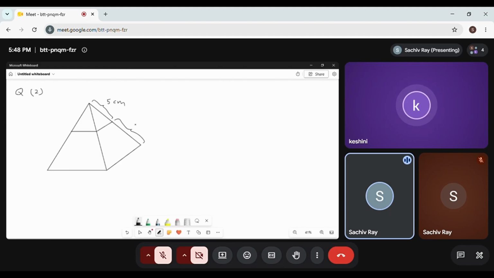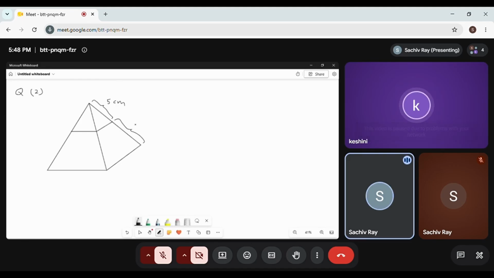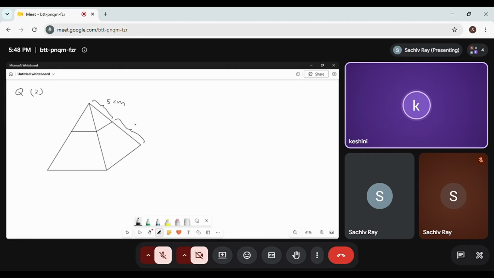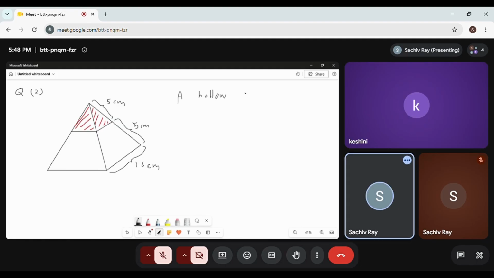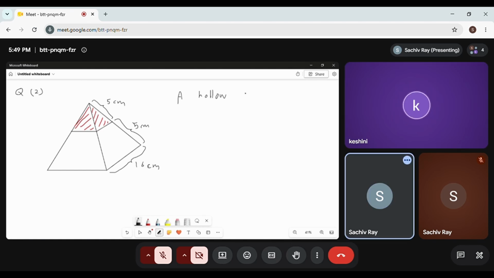Okay, now write this question. A hollow, right? A hollow square base, right?